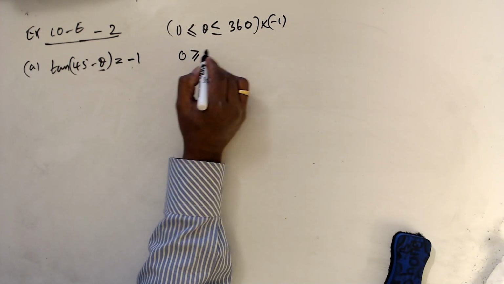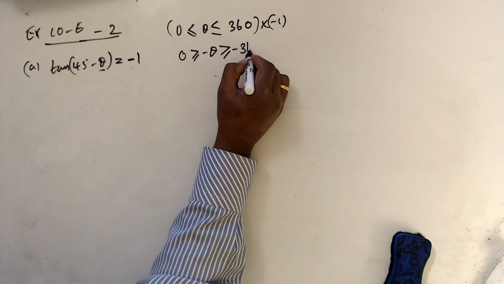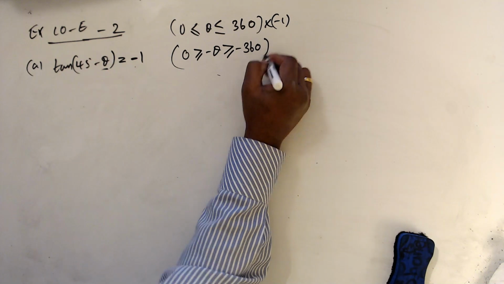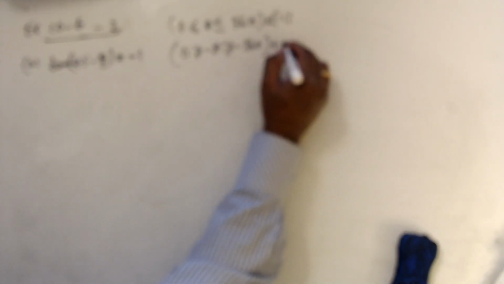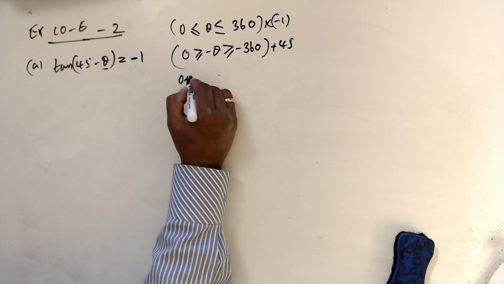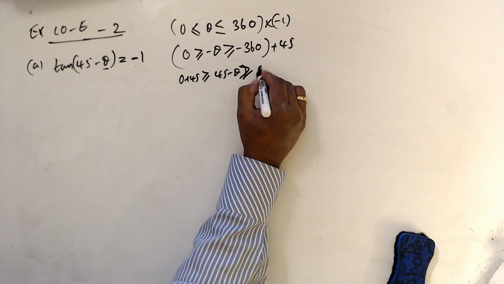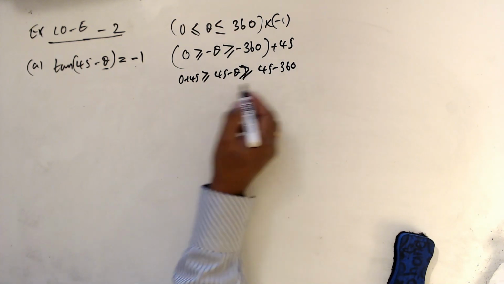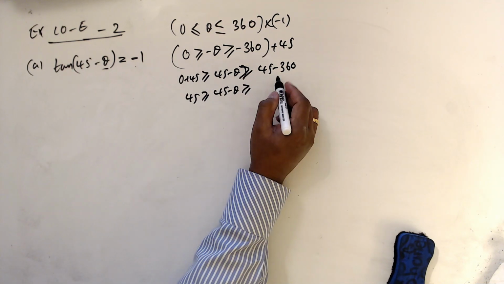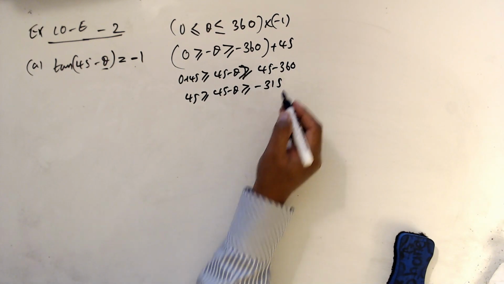And the inequality changes direction, minus 360. Now I am going to add 45 to everything. So 0 plus 45, 45 minus theta, and 45 minus 360, minus 315.